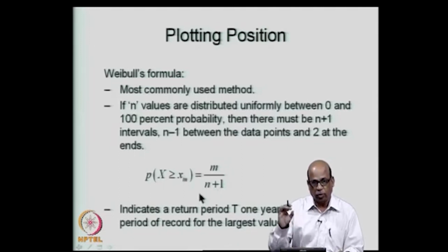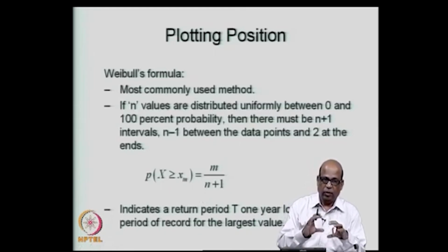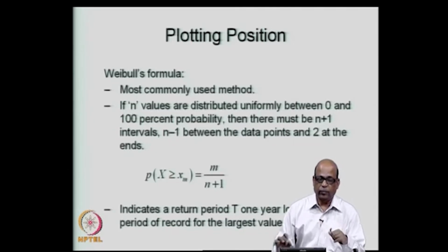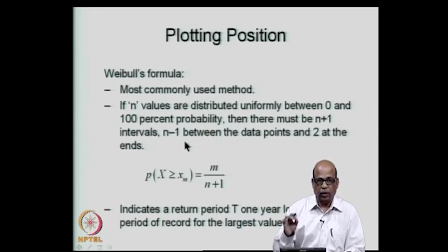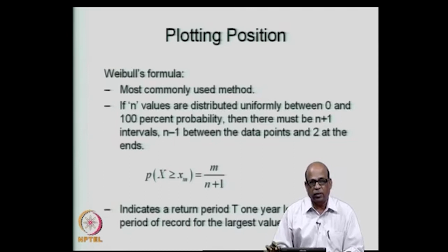That is, you are leaving out 0 on one extreme and 1 on the other extreme, and the remaining n minus 1 class intervals contain these data in a uniformly distributed manner. So, you will have n plus 1 class intervals: n minus 1 between the data points, and 1 at one extreme containing 0 and another at the other extreme containing 1. That is how you get n minus 1 plus 2, which is n plus 1.